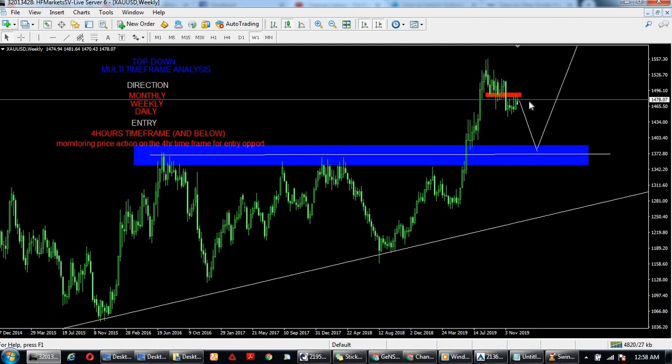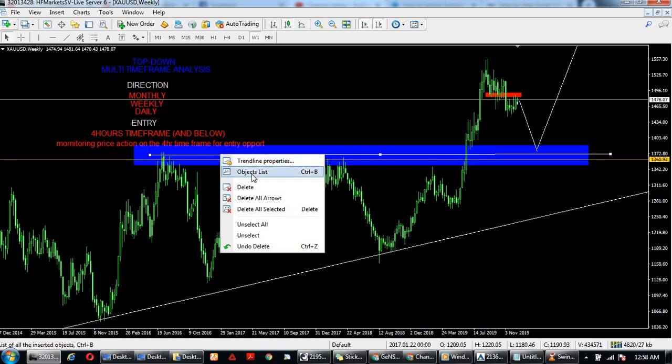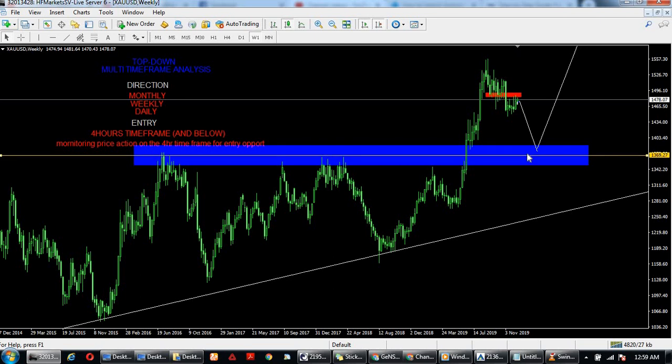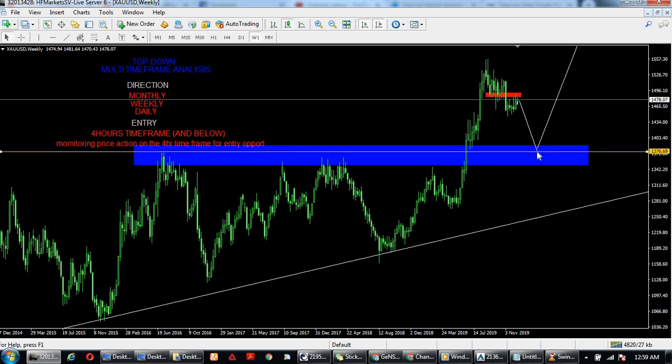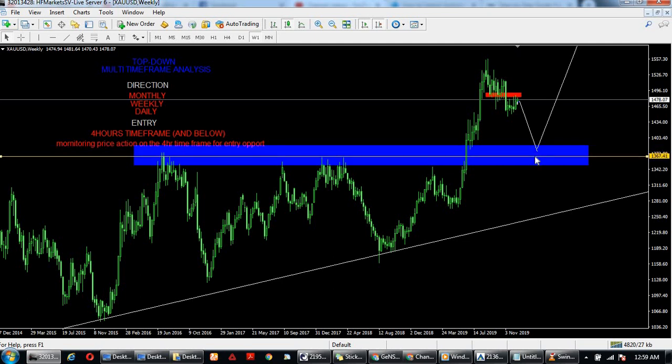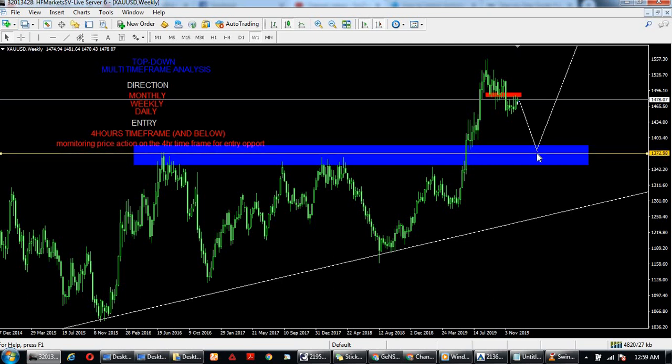Yes, gold is in for a sell, and we would be considering a sell all the way to the 1376.69 area. That is gold for you. We are saying gold is very much in for a sell.